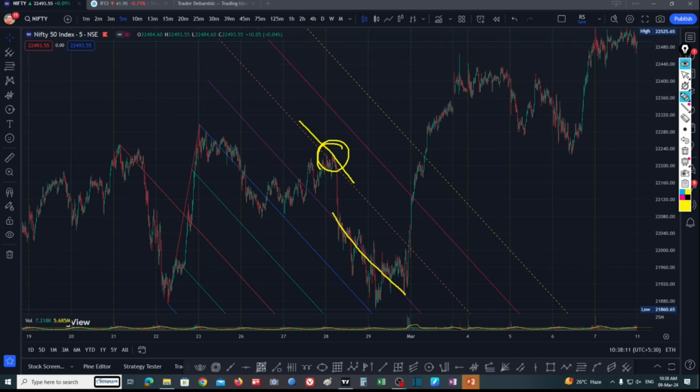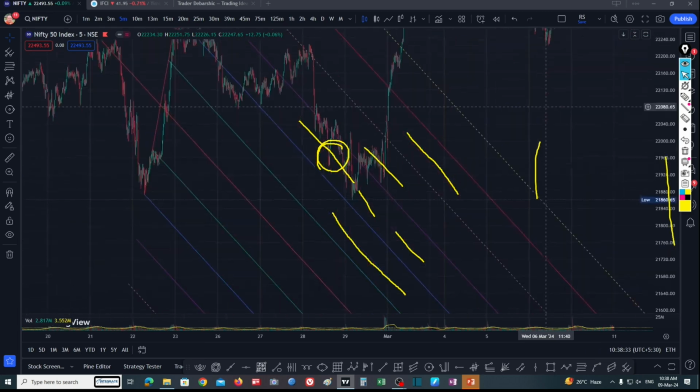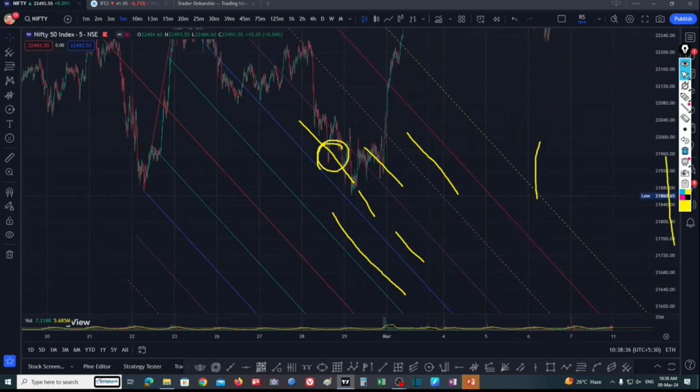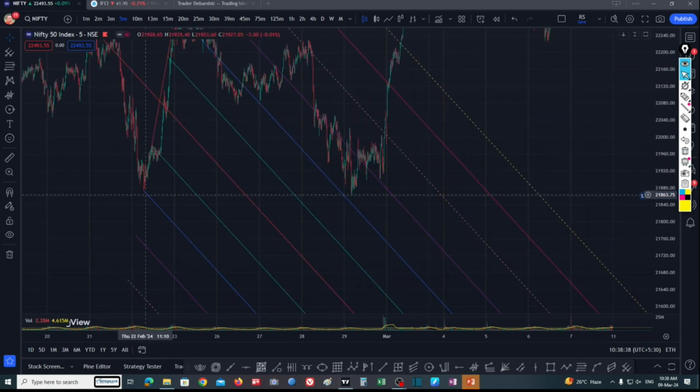When it breaks this level, it passes through, and it breaks this level also. So all these lines work as a resistance in the upside, and in the downside also these are the levels that work as a support area.